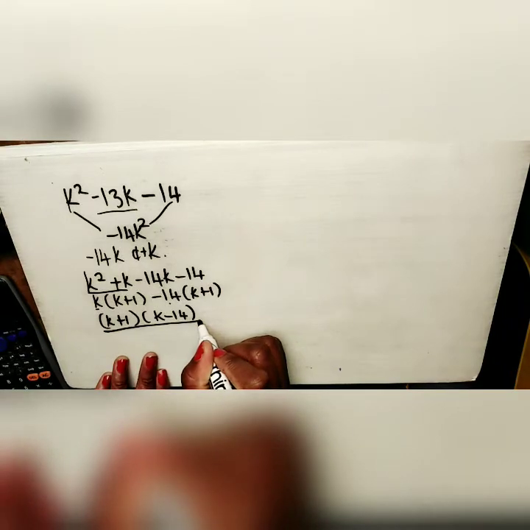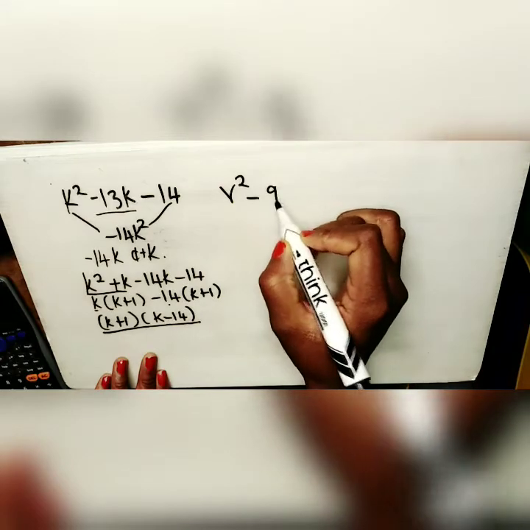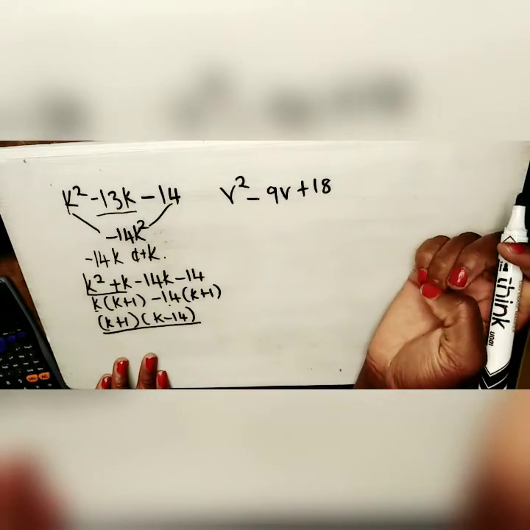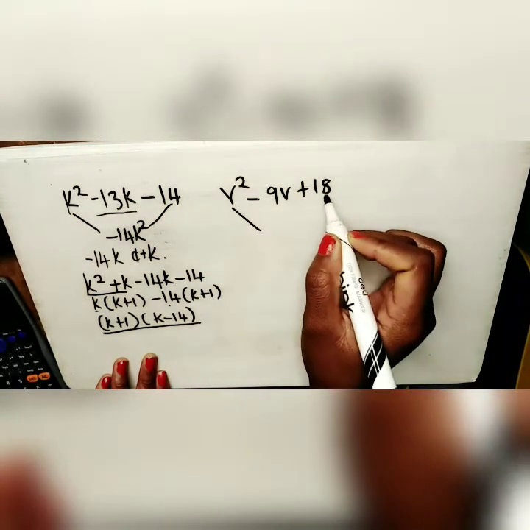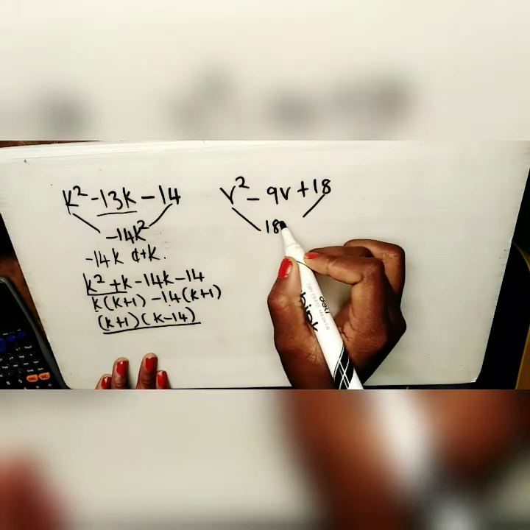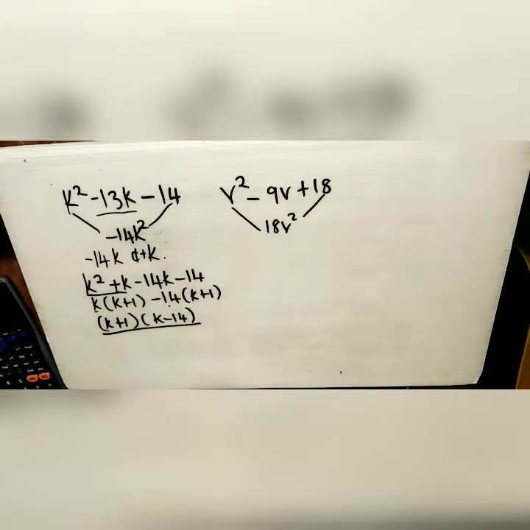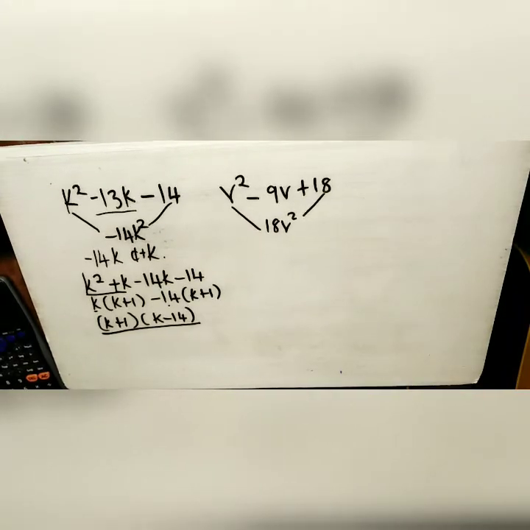And then we have another interesting one, which is v squared minus 9v plus 18. To factorize this one, we do the same. We're getting 18v squared. But then we're looking for two factors. When we multiply them, they will give us a positive 18v squared, but when we add them, we must get a negative 9v.